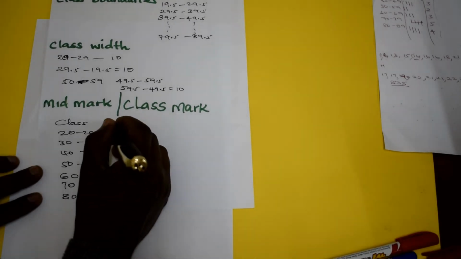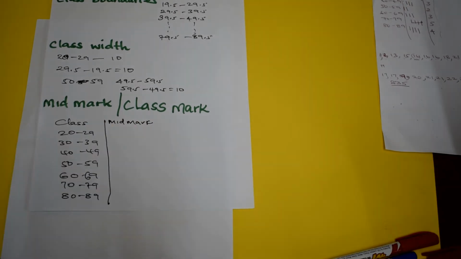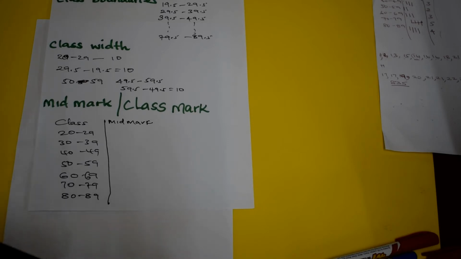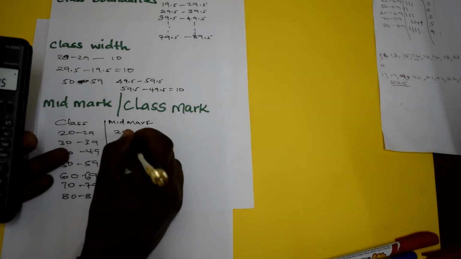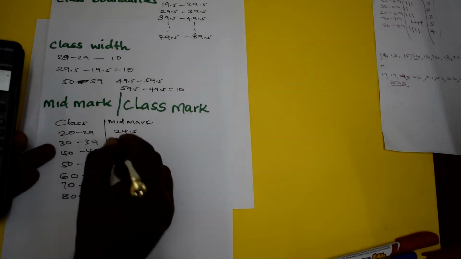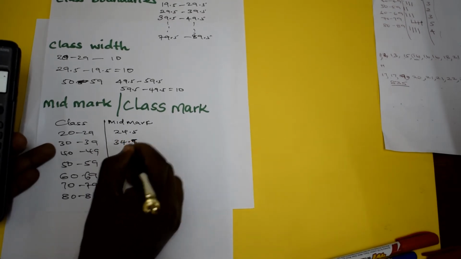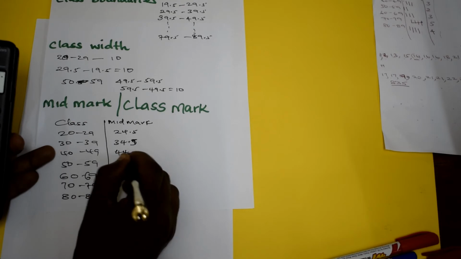Our mid mark is going to be given by the sum of the class limits divided by 2. So we have 20 plus 29, you divide by 2, we get 24.5. You can also take 30 plus 39 divided by 2 to get 34.5. And you can get the others.